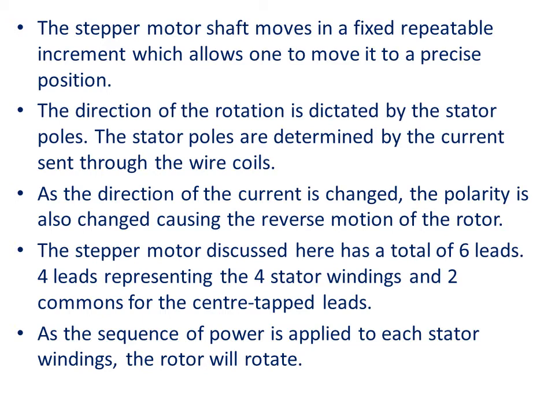We know that. The direction of the rotation is dictated by the stator poles. The stator poles are determined by the current sent through the wire coils. And as the direction of the current is changed, the polarity is also changed, causing the reverse motion of the rotor.